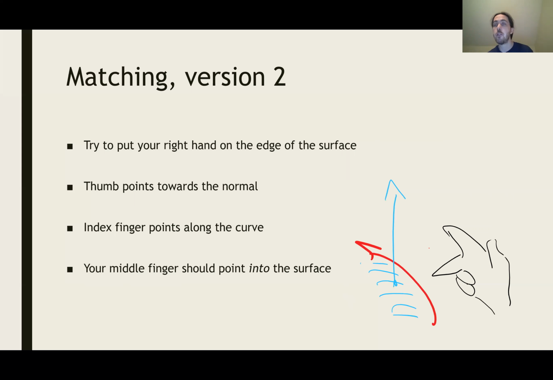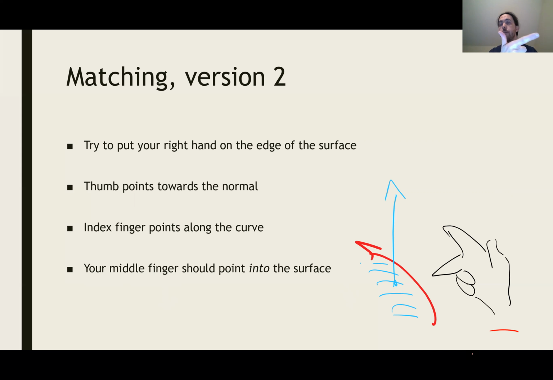So here's another version that some people find a little bit easier, and I apologize for this drawing of a hand. It is the best I can do under the circumstances on this screen. What you try and do in this version is you hold out your right hand the same way as if you were making a coordinate axis.